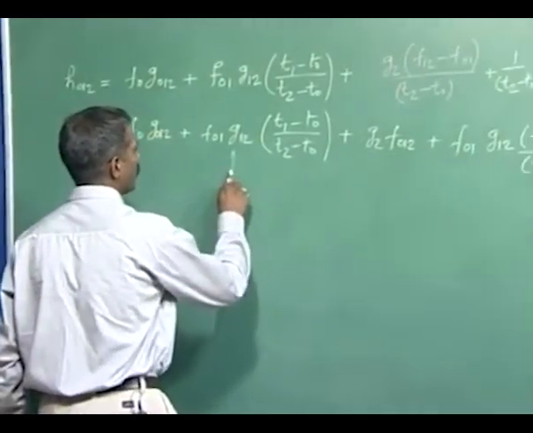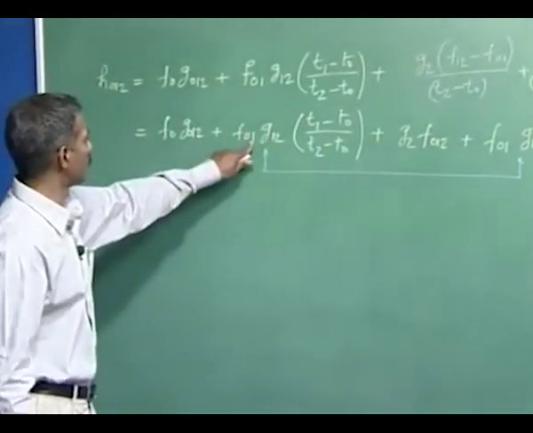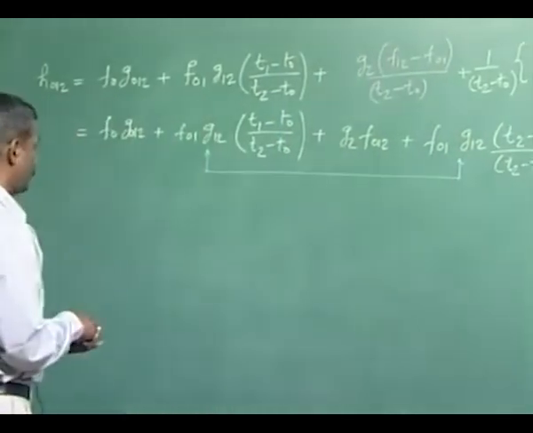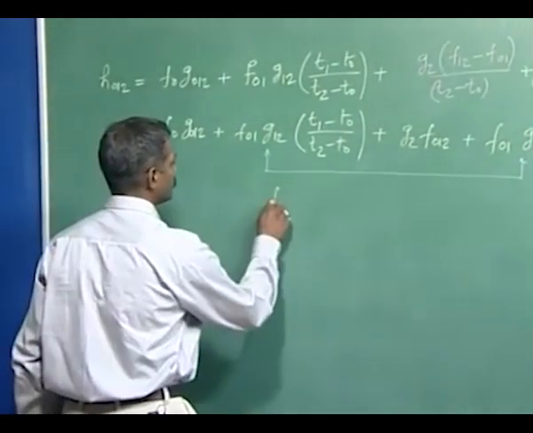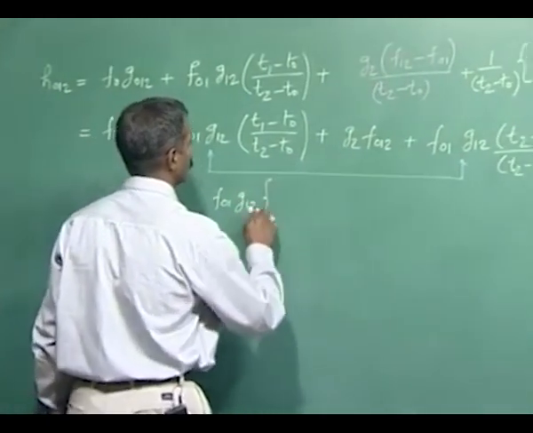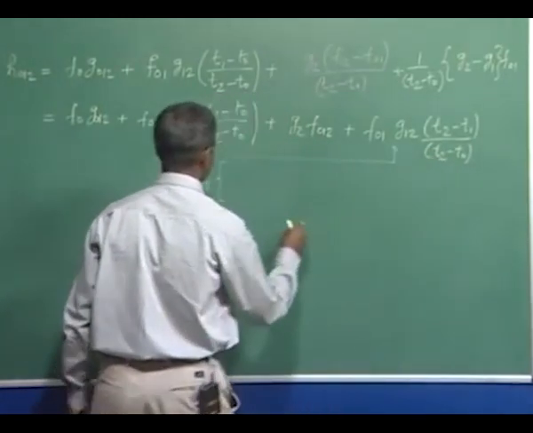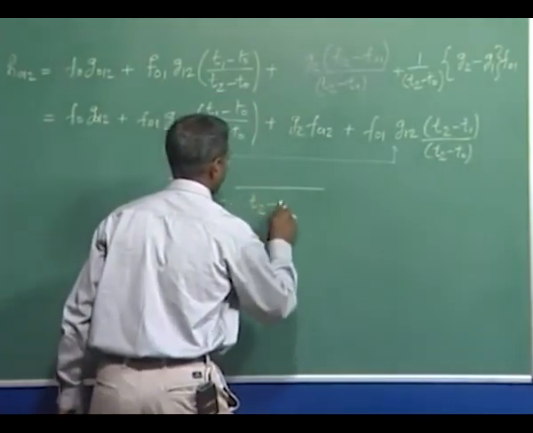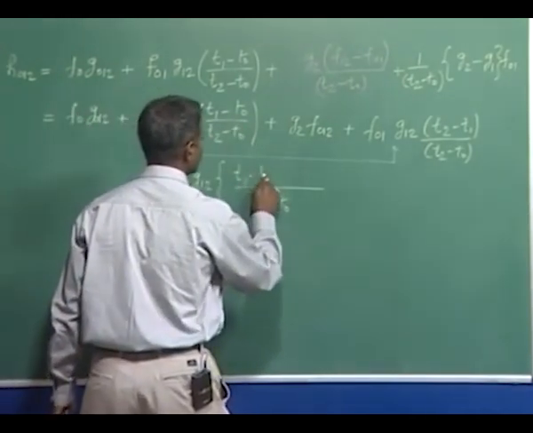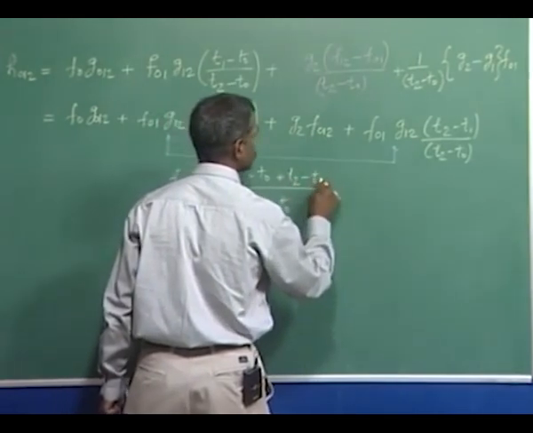Now concentrate on these two expressions. F01 G12 is common. So this is F01 G12, and T2 minus T0 is the common denominator. We have here T1 minus T0 plus T2 minus T1.